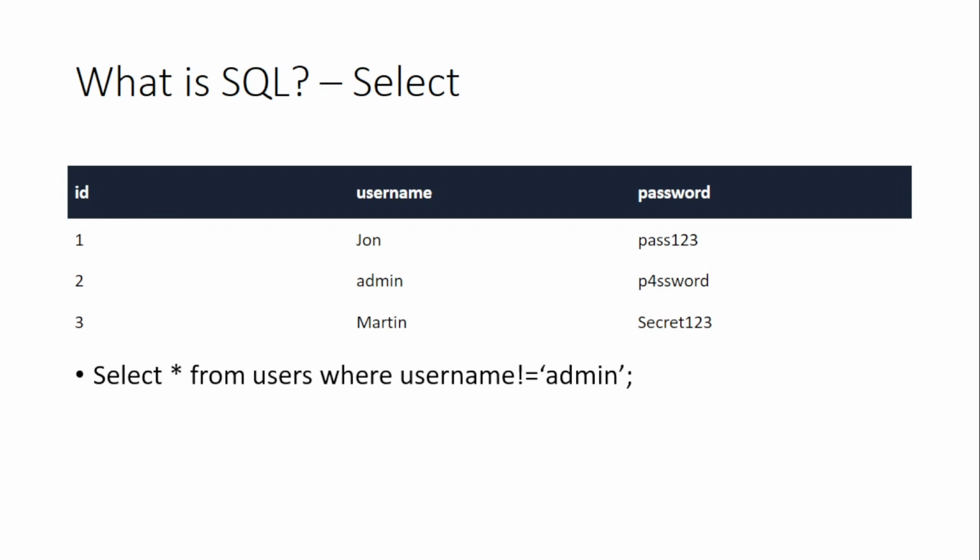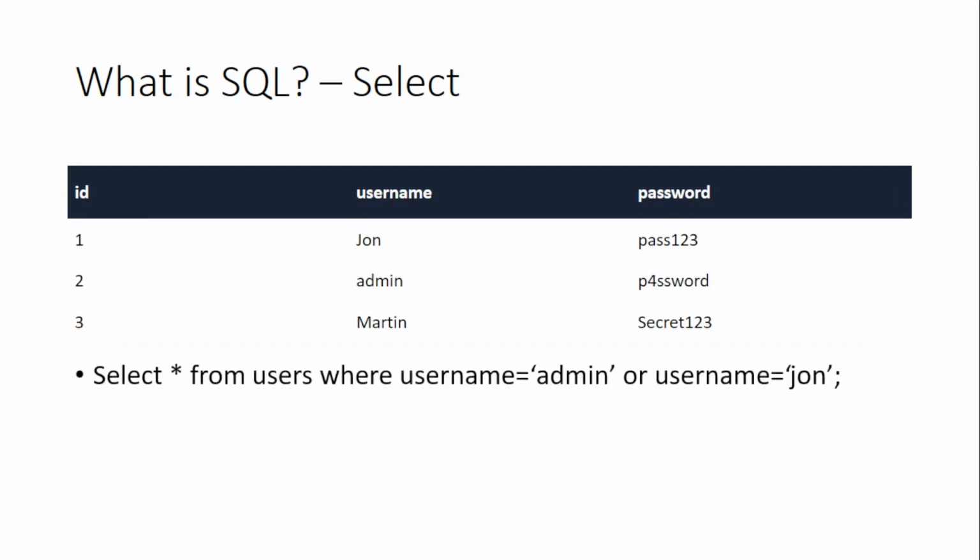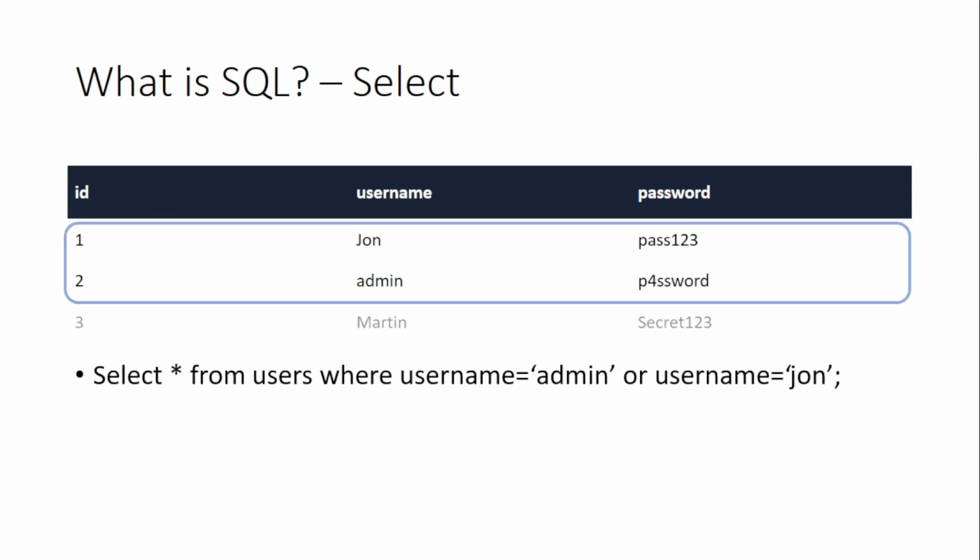For the not equal, we use an exclamation point and equal, and then we'll get the first row and the third one. We can also select different rows where the usernames equal something or something else, like username equal admin or username equal John. And that's what we are going to end up with.